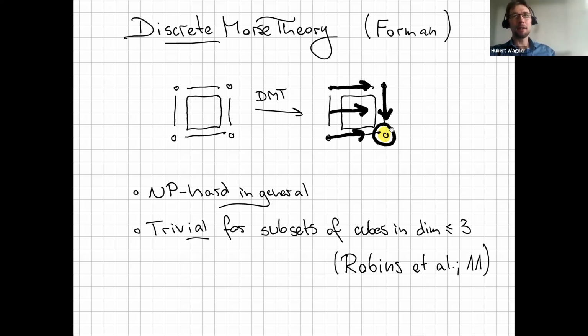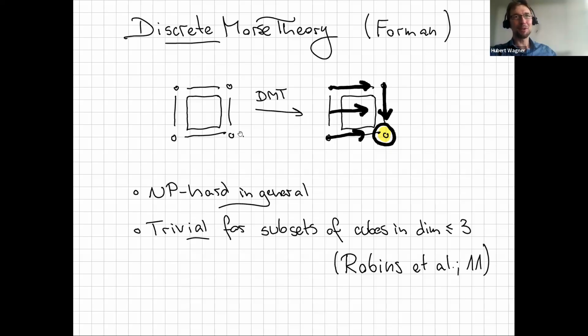And at some point you will possibly have some cells which will not be matched with anything. They're called critical cells, and those are the cells which really tell us something about the topology or homology of this complex.